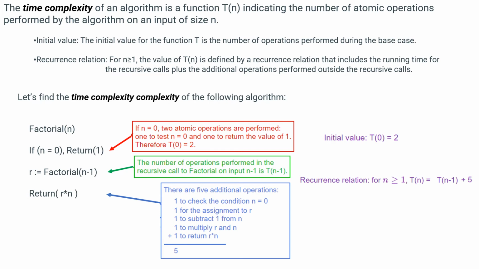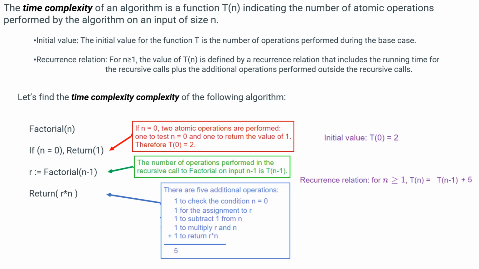Okay, so again, that's a recurrence relation. It's not giving us an actual number because we would have to go and find t of n minus 1 in order to get this final number, but to find t of n minus 1, we'd have to find t of n minus 2 and so on. So it's a recurrence relation, not just an explicit formula, but t of n is going to involve a previous value, t with a smaller input value.